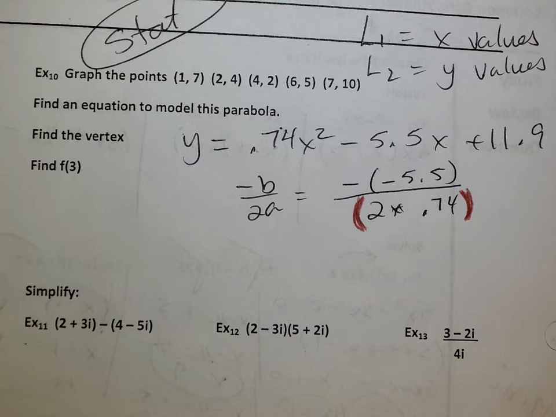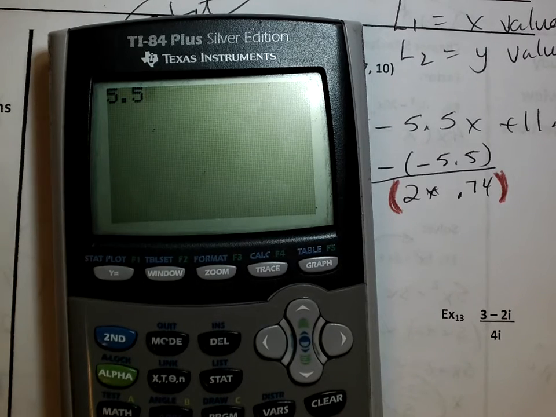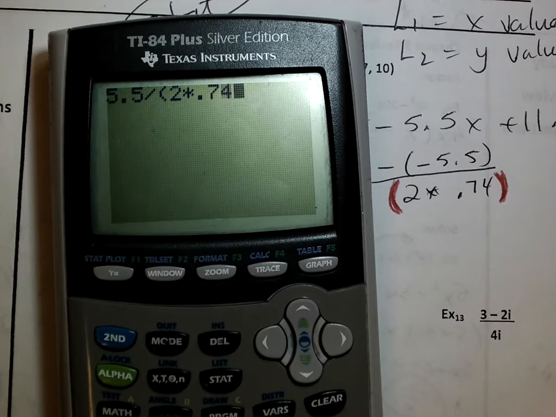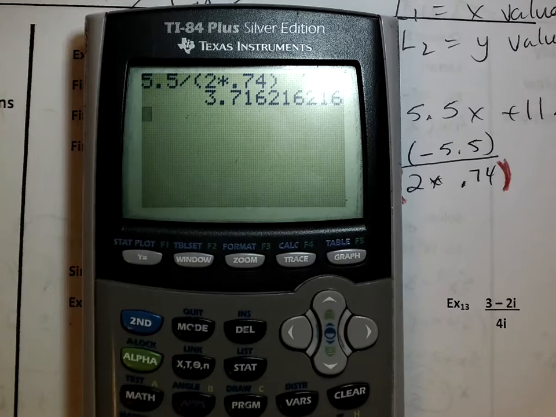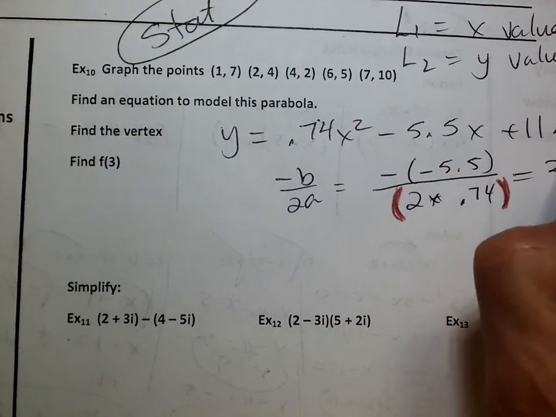If you don't use the parentheses in your calculator, you'll get the wrong answer. So 5.5, I just made it positive already, divided by parentheses 2 times 0.74, and I get an answer of about 3.7. So x is equal to 3.7.